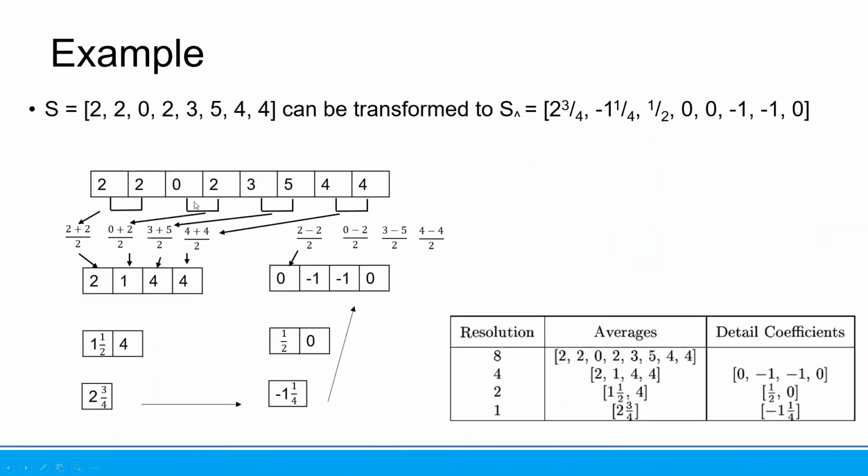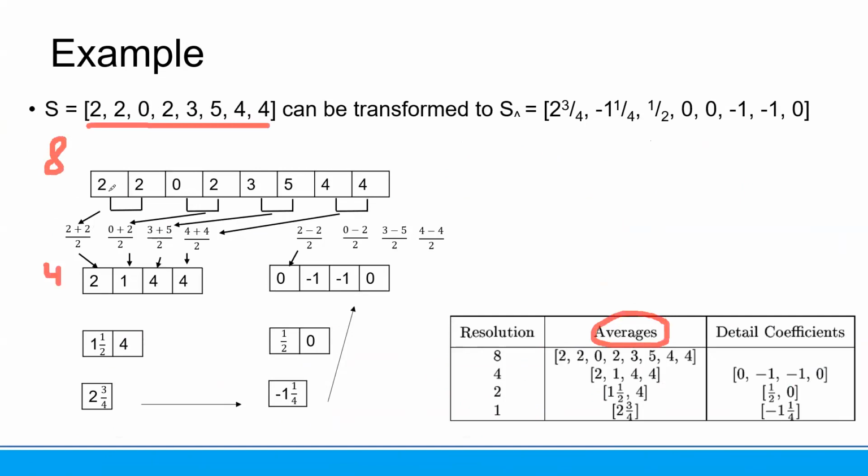I will show you how to calculate this. We have the original data 2, 2, 0, 2, 3, 5, 4, and 4. This is in resolution 8. If I want to reduce it to resolution 4, I can just calculate the averages. How can we calculate the averages?